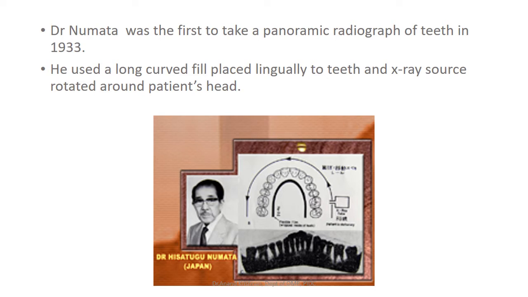Here the difference between what Dr. Numata tried to achieve and what we are doing today is that Dr. Numata took a flexible film and put it inside the patient's mouth, lingual or palatal behind the arches, and through a narrow slit beam he started exposing from one end and went on to expose until the other end, so that he was able to capture the entire mandible, like you see in the picture below.